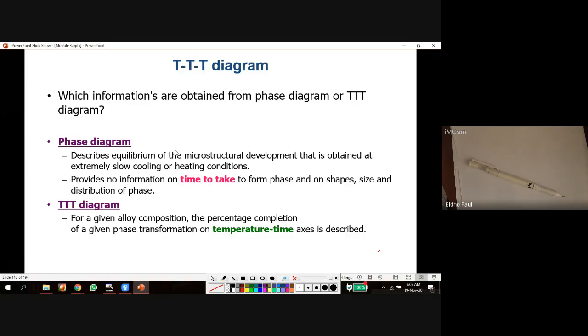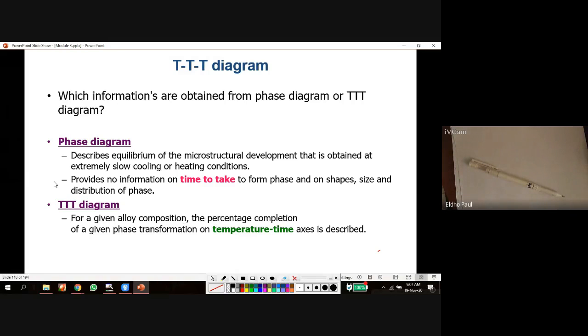Everywhere these are the two important problems. To overcome these two problems, next we are going to study two other types of diagram, called the TTT diagram and the CTT diagram. The TTT diagram is a temperature time diagram, and the other one is the CTT diagram, that is, the cooling time diagram.